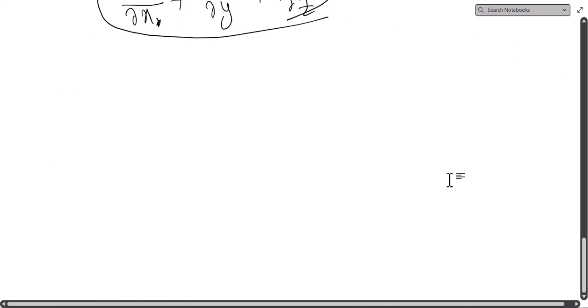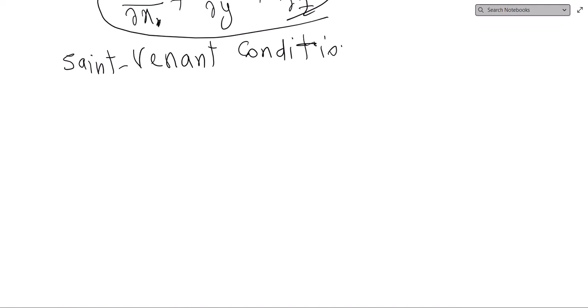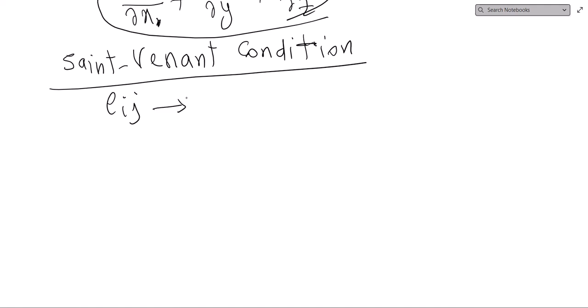In other words, you don't have any physical gap or physical overlap in your domain. Saint-Venant was the scientist that worked on this condition. This guarantees that if you come from strain to u_i, then this condition should be satisfied.